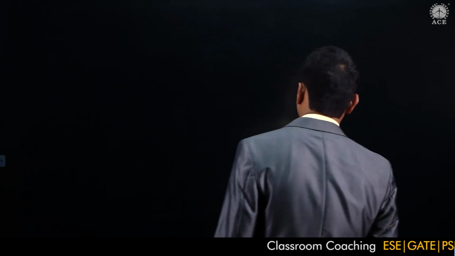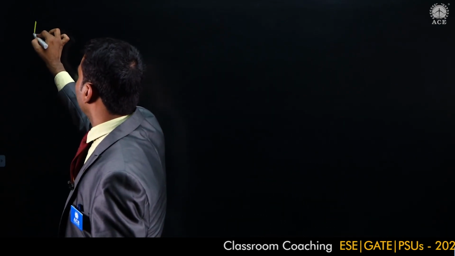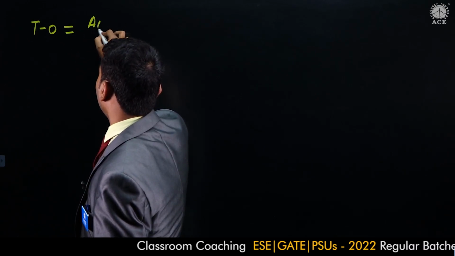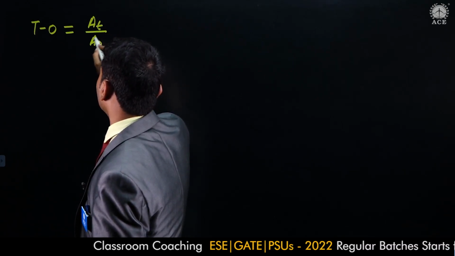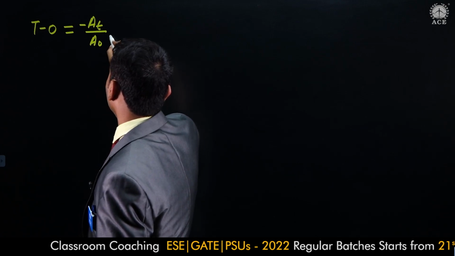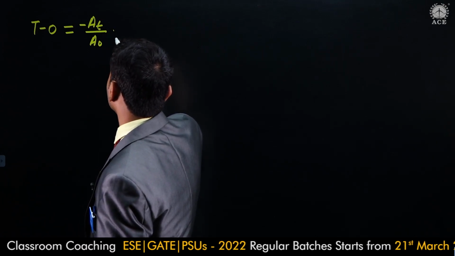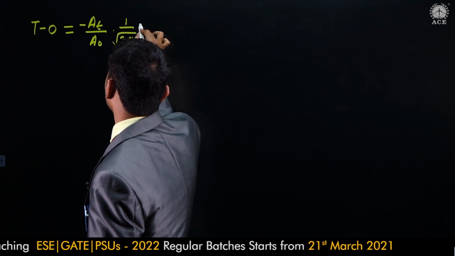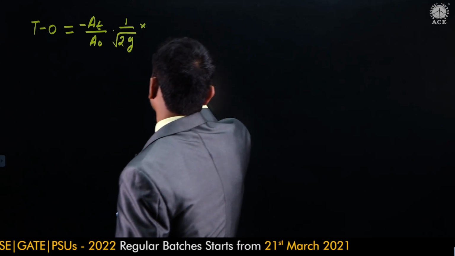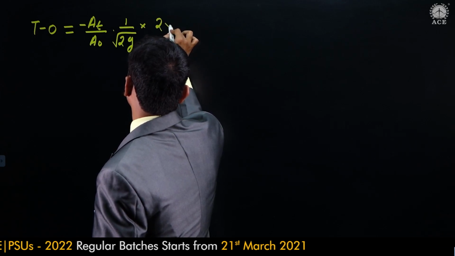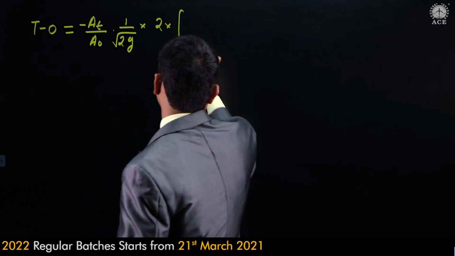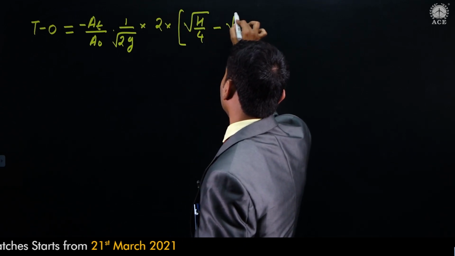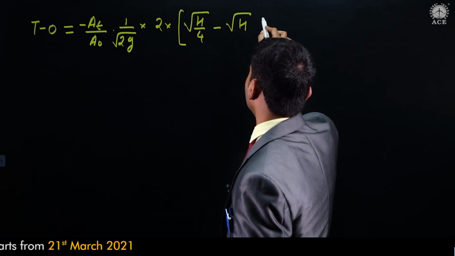Now substitute the values, you should get answer. T minus 0 equal to AT divided by A0 with minus sign into 1 by root 2g into 2 into, so in bracket square root of h by 4 minus square root of h.